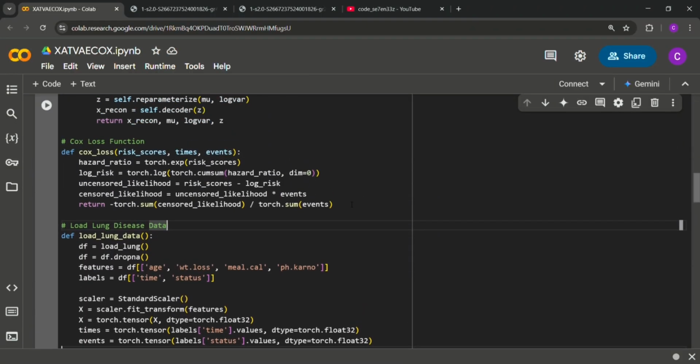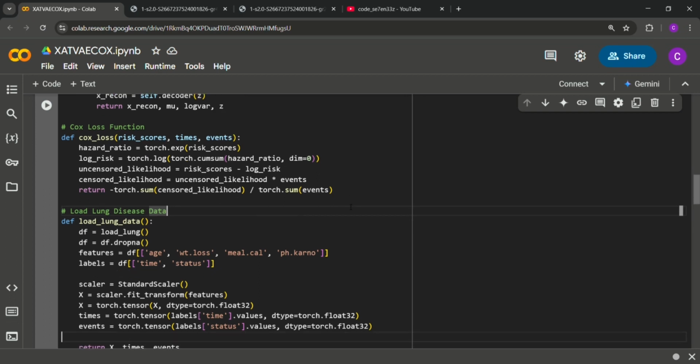Cox loss function. The Cox loss function is used for survival analysis. It evaluates the risk scores of patients and ensures that the model correctly ranks survival times. Risk scores are derived from the latent space representation. A higher score means a higher risk of the event. Hazard ratio: exp of risk scores converts the risk scores into hazard ratios.